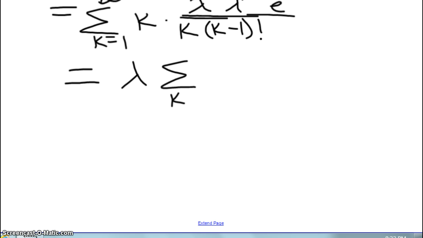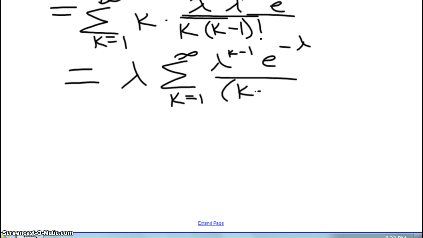Summation of k equals 1 to infinity of lambda to the k minus 1, e raised to the negative lambda, all over k minus 1 factorial.